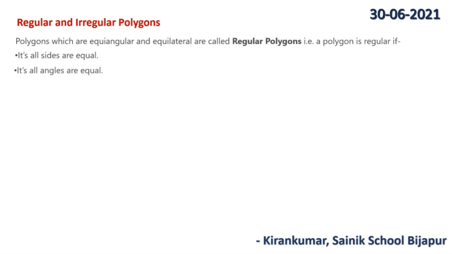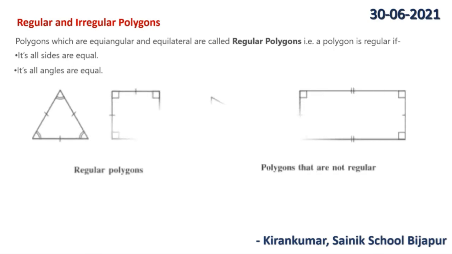A few examples of regular polygons are a triangle and a square. They are regular because all the sides are equal, as well as the angles.